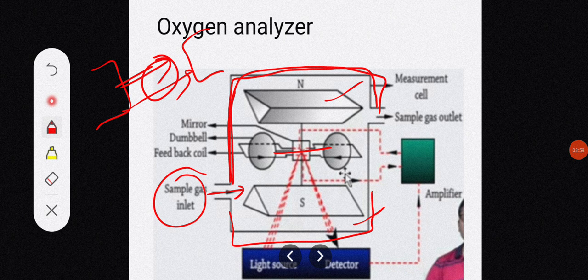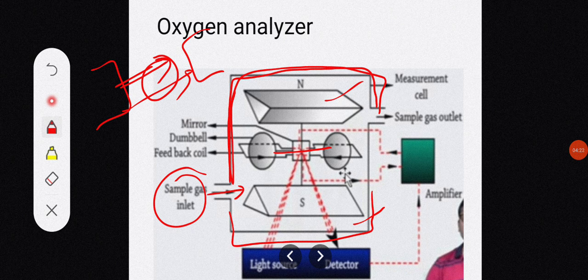Now the sample gas has oxygen molecules with large magnetic susceptibility. What is susceptibility? Susceptibility is the ability of a substance to get magnetized. Magnetic susceptibility is a measure of the intensity of magnetization of a substance when it is placed in a magnetic field.